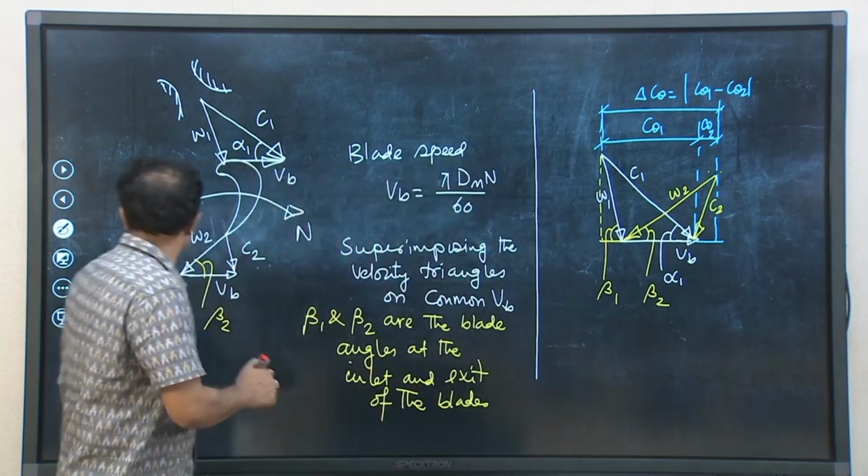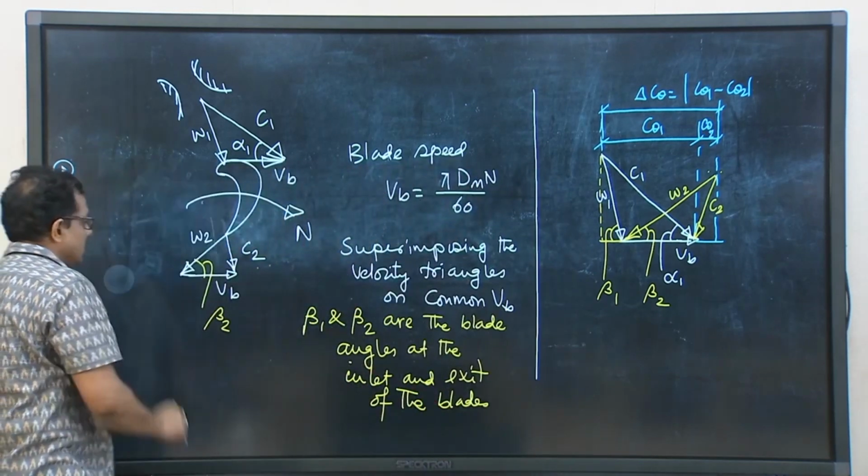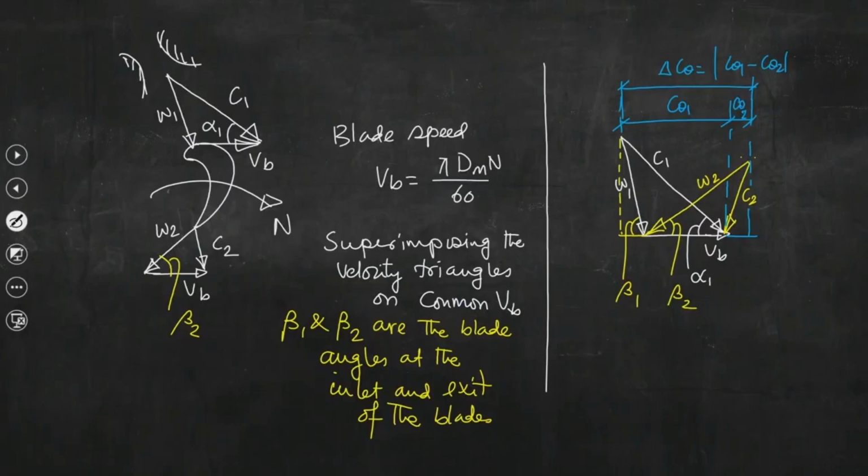Similarly, if you look carefully, we still can have this particular component, and that is delta C A, that is C A 1 minus C A 2. This is C A 2 and this is C A 1.